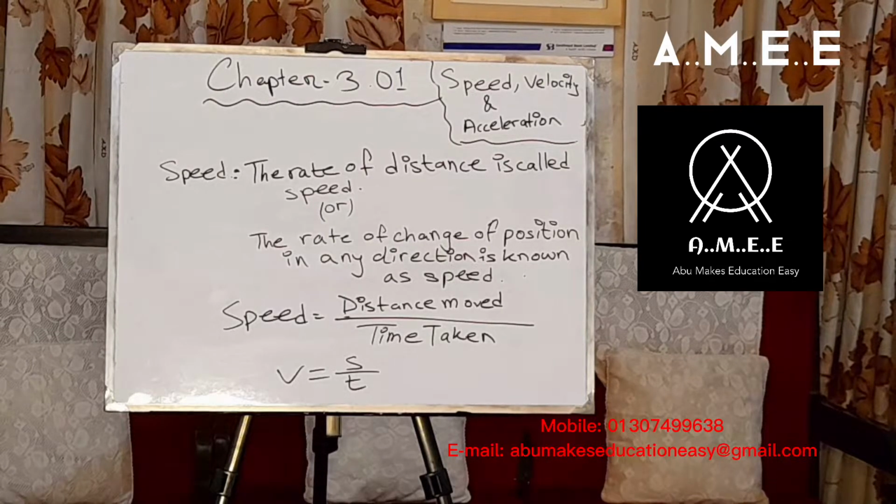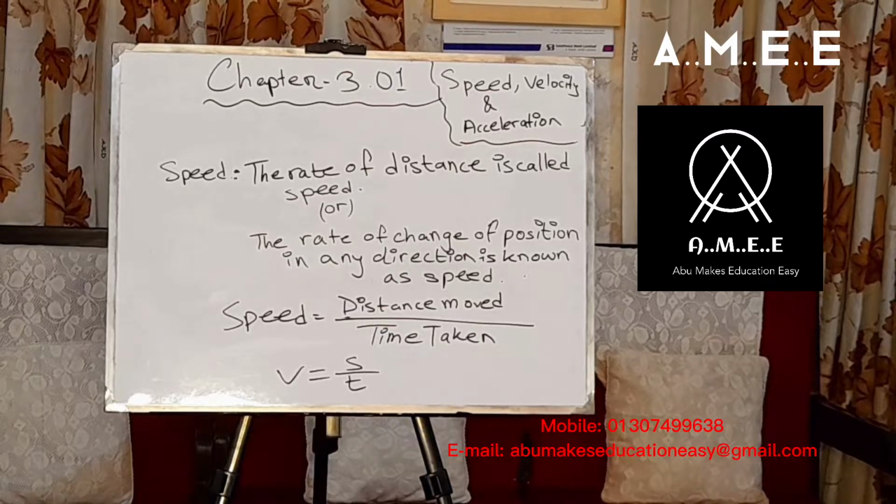The SI unit of distance is meter and the SI unit of time is second. So when we divide distance by time, it gives us meter per second. In this way, the SI unit for measuring speed is meter per second.